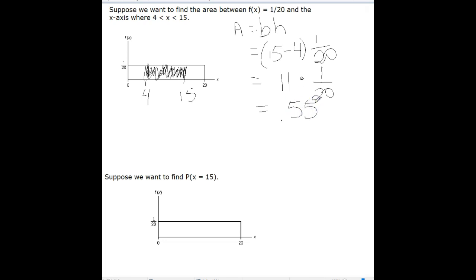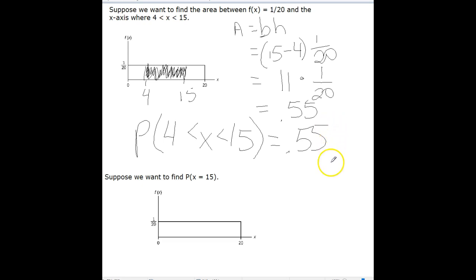So then what we would say is the probability that x is going to be between 4 and 15 is 0.55, or if we change that to a percent, 55%.